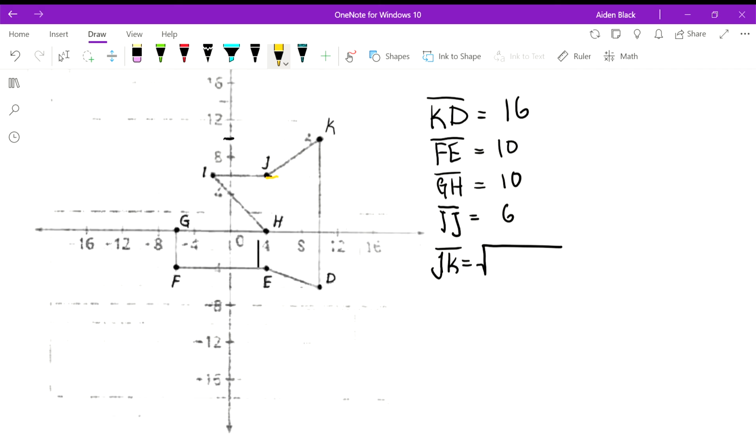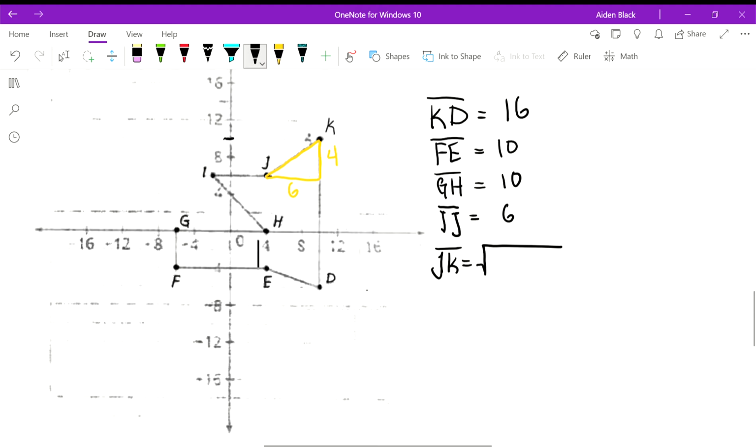So I'll draw it here, and I'll end up erasing it, where we're trying to find JK. So 2, 4, 6, so the base is 6, and then 1, 2, 3. Wait, I think it's actually 2. Yeah, 1, 2, so it's actually 4.